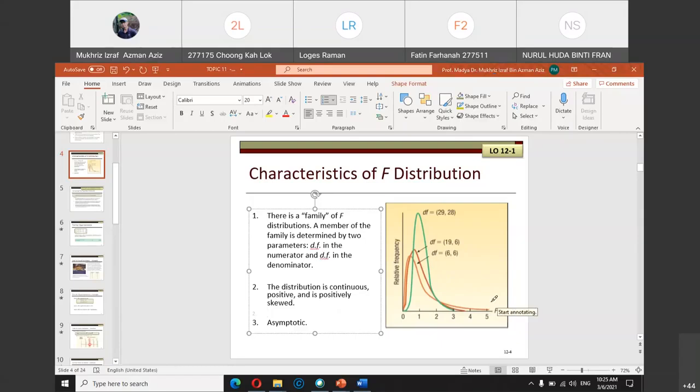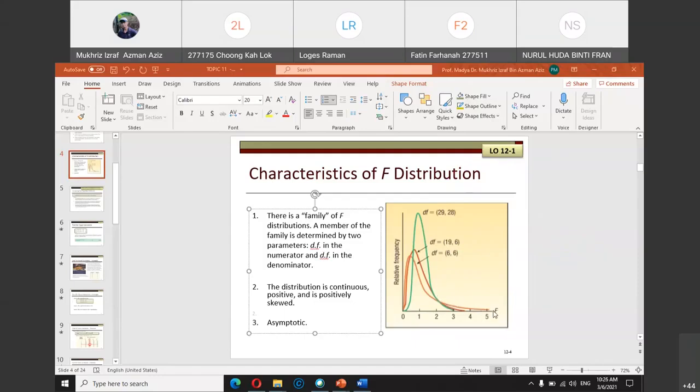So what does it mean by a positively skewed distribution? Where is the mean? Where is the mode? Where is the median? The mode is of course the value on the right side, because that will be the value with the highest frequency. Then the mean will be in the middle, and the median will be the value on the left. For a positively skewed distribution, the tail is pulled towards the right.